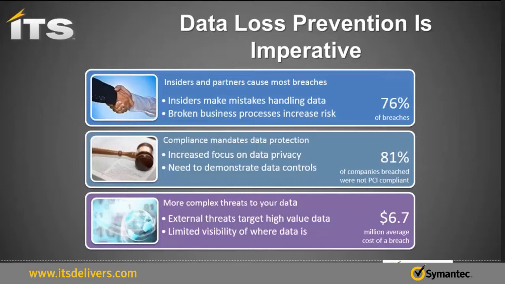The other problem is that there might be a broken business process. A customer emails me some information, I email back, we keep exchanging information back and forth, and that first email may have had a credit card, right? And we keep exchanging that information over and over again. Or maybe I'm in healthcare, and I exchange billing information with a trusted partner.